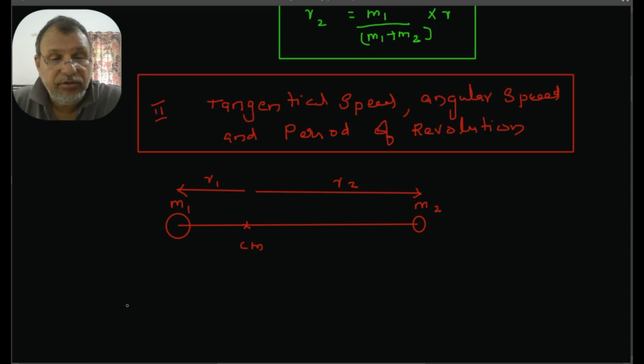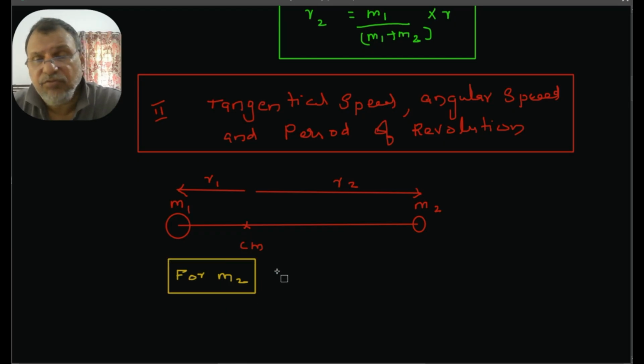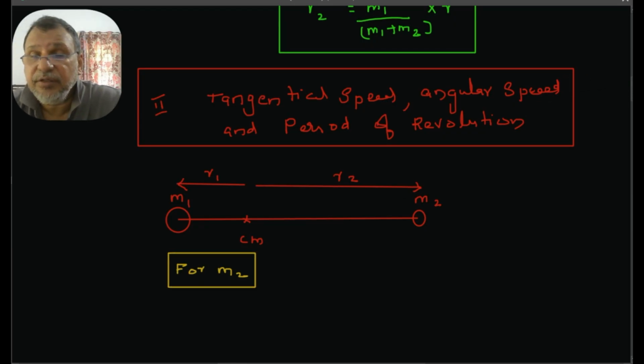So let's work out the relationship now. Let's do it first for m2. Either way you can do it. Once you get the equations for m2, you may get the equation for m1 just by looking at them, you can guess the equation.